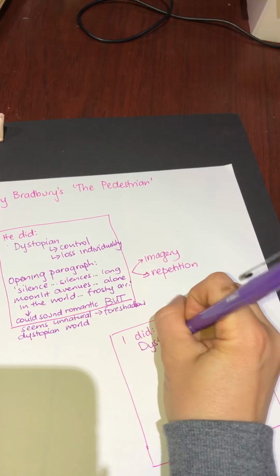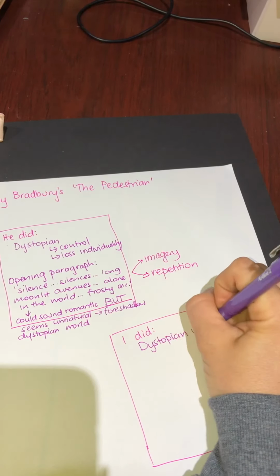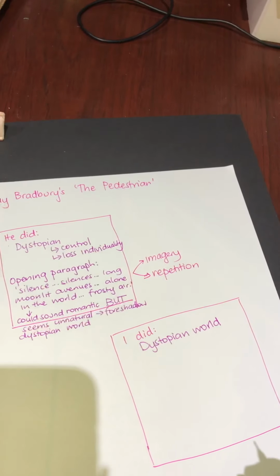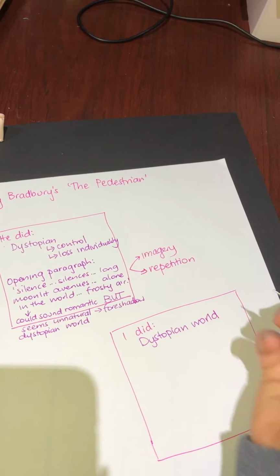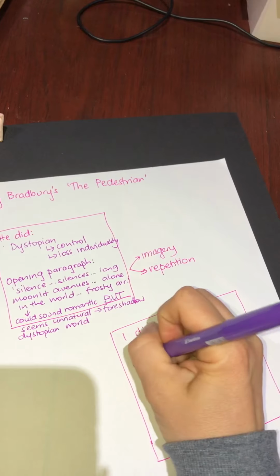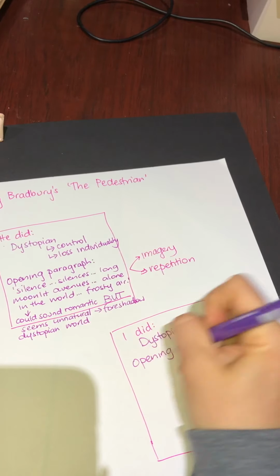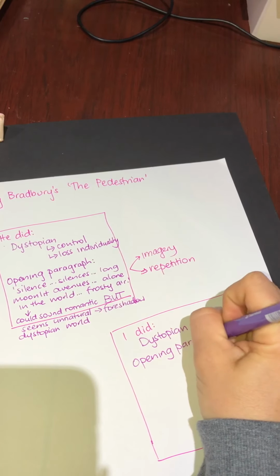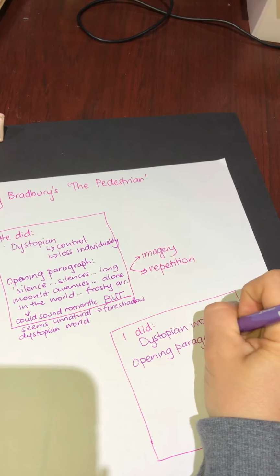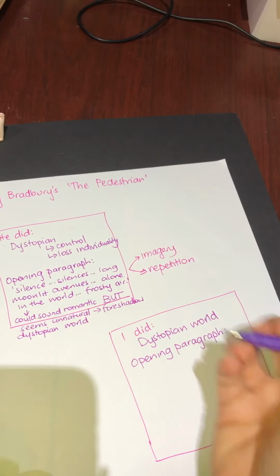So that's my first point of call. And I could talk about genre, but I worked on my opening paragraph as well. And I really wanted to use that repetition and imagery to capture the unnatural world as well.